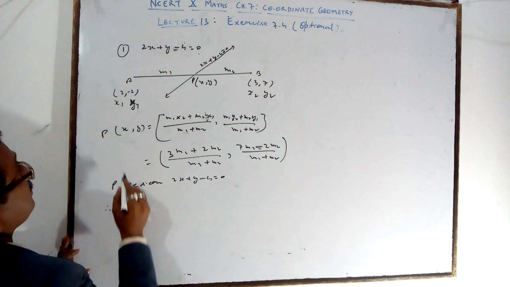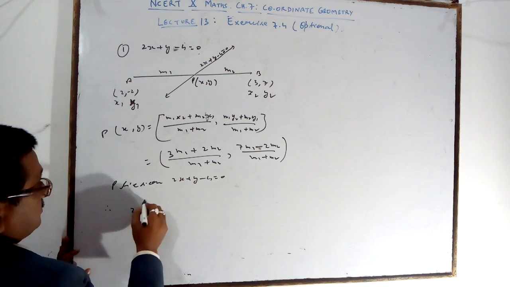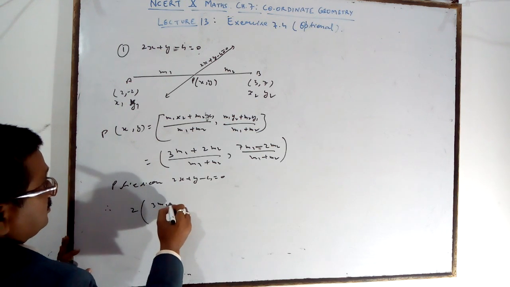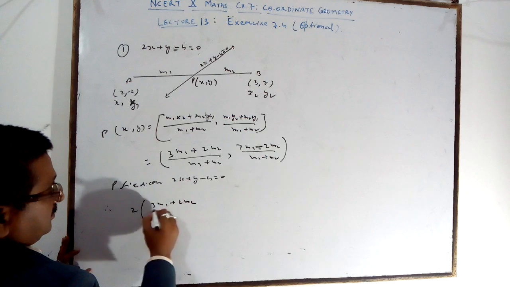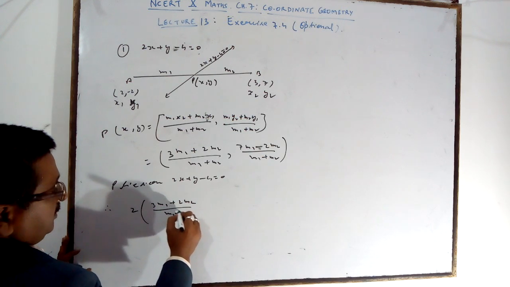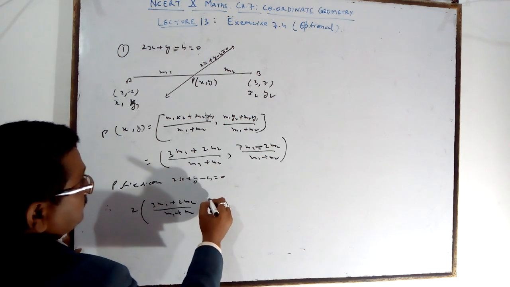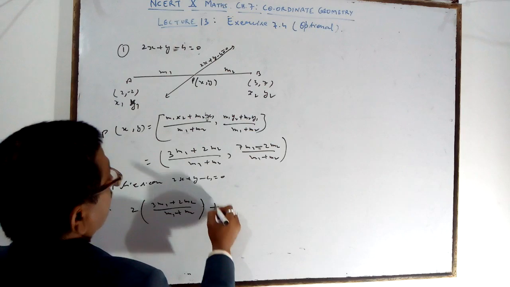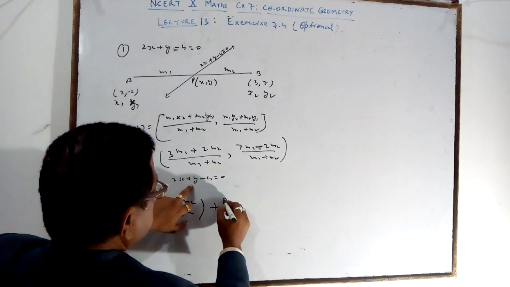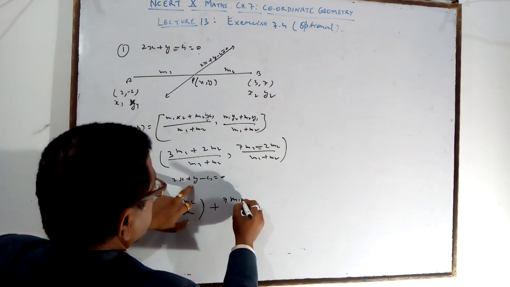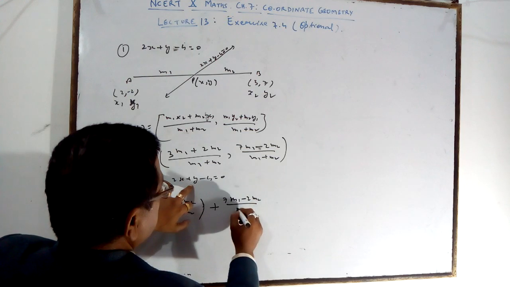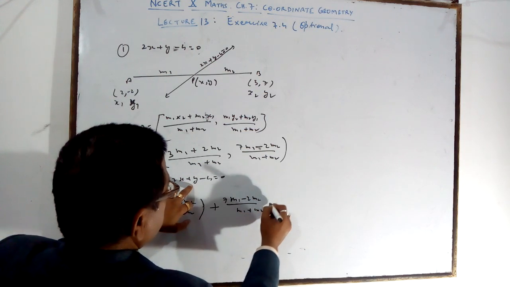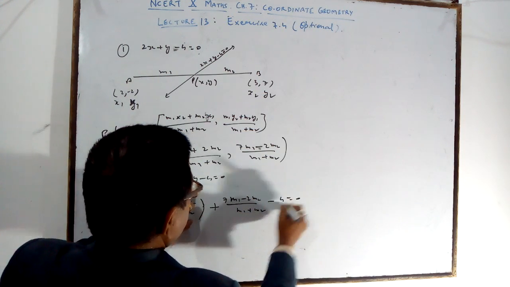Therefore, 2 into x, 3m1 plus 2m2 upon m1 plus m2, plus y, 7m1 minus 2m2 upon m1 plus m2, minus 4 is equal to 0.